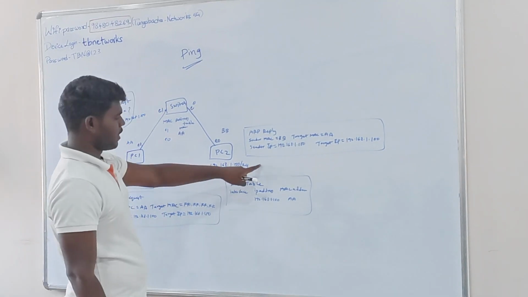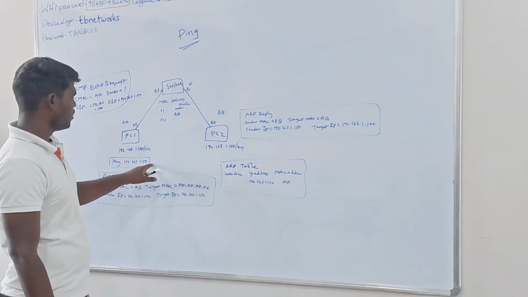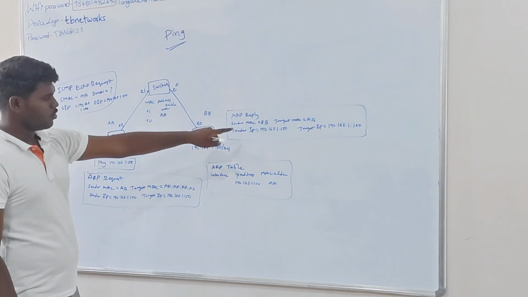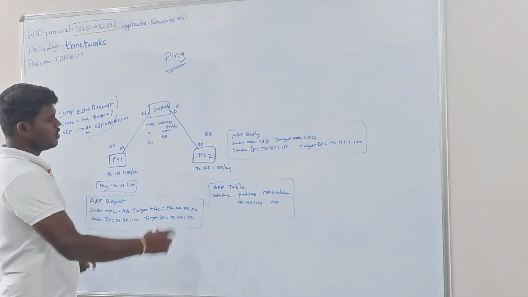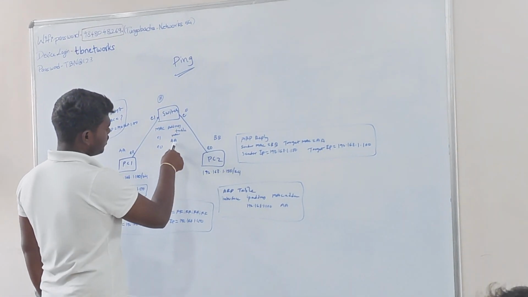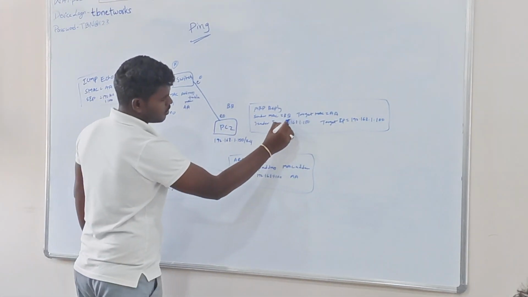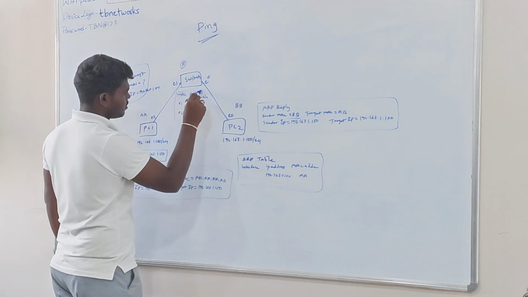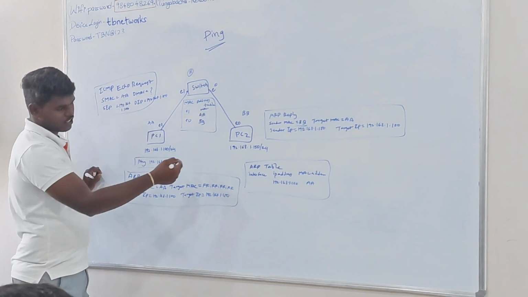Now the ARP reply packet will unicast. The first time you ping, it broadcasts to everyone. Now it knows the target MAC, so it will unicast to the exact PC1 device. This ARP reply packet goes to the switch, which checks the MAC address table, learns the source MAC address, and stores it in the table. This is the MAC address table. Now it comes to PC1. Again PC1 will learn the ARP table.